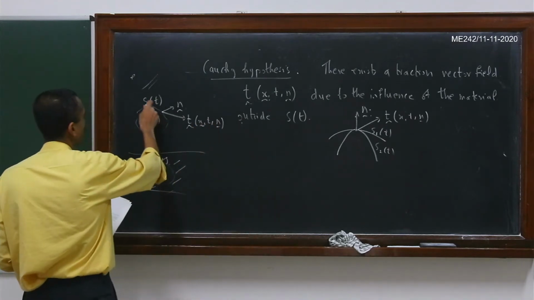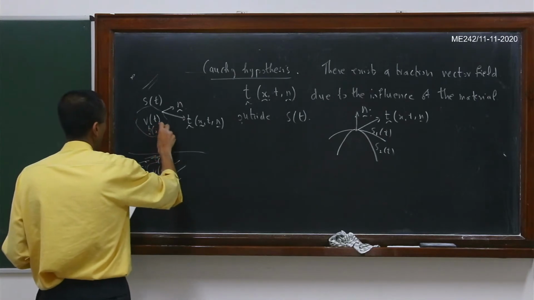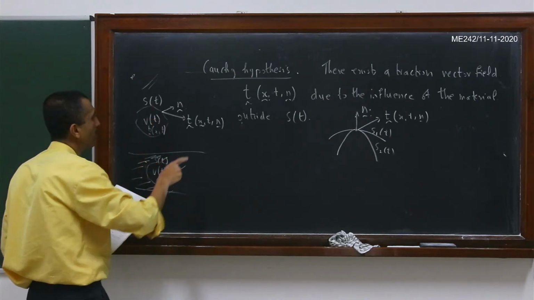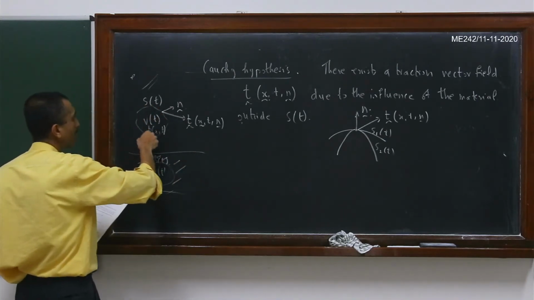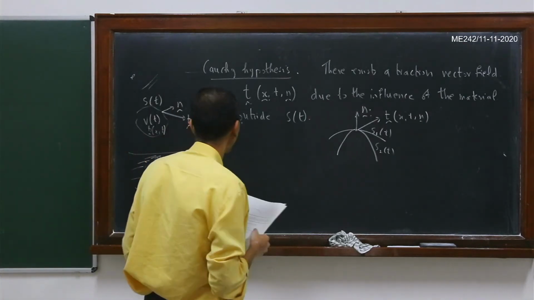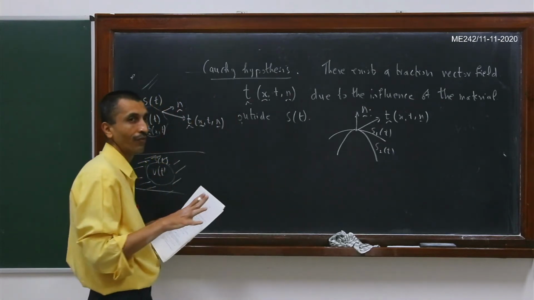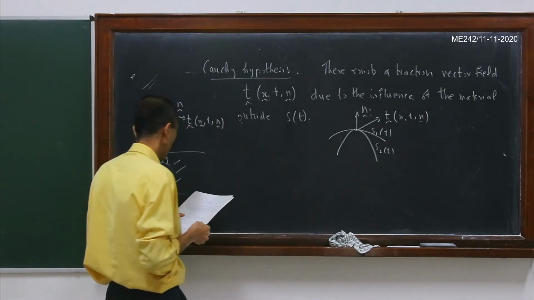So this is your material volume. Now there are certain body forces that are also acting on this material volume, and then there are tractions that are acting at the surface of this material volume. Now we write that the rate of change of linear momentum is equal to the sum of the forces, right? So let us write that.